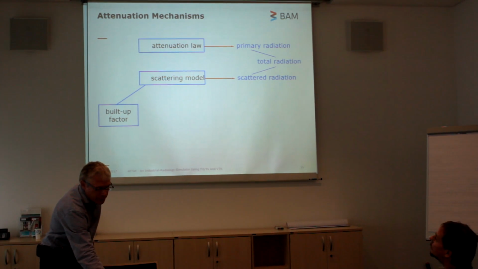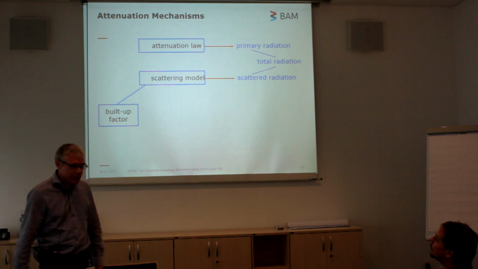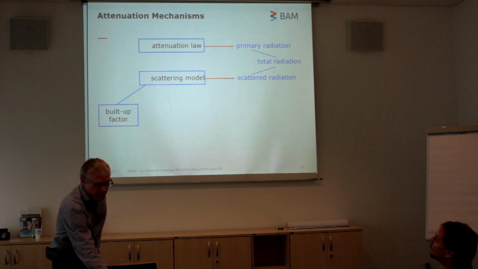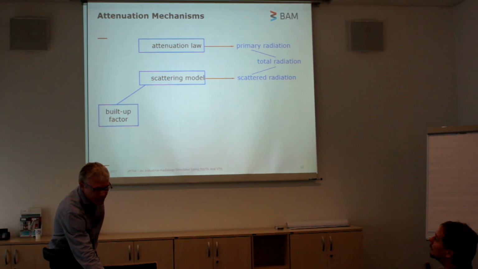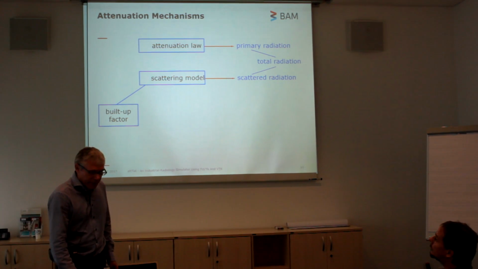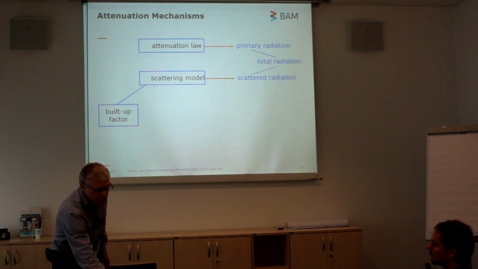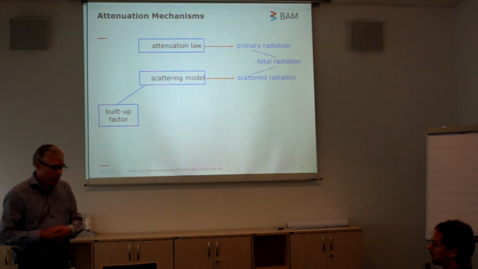I already told you the analytic description of the attenuation process is quite fast and simple, but the general model for scattering isn't so easy. There's one simple solution with some assumptions.